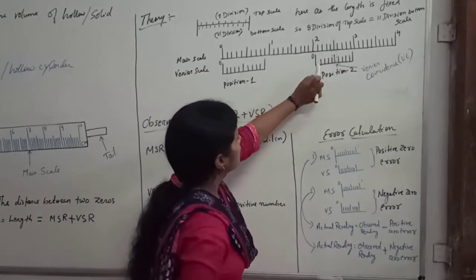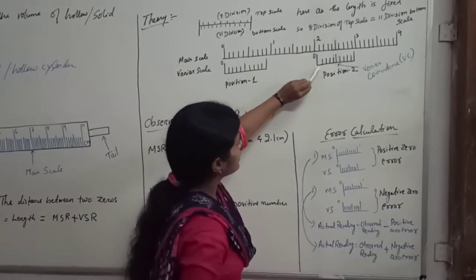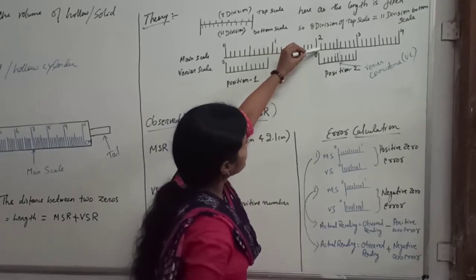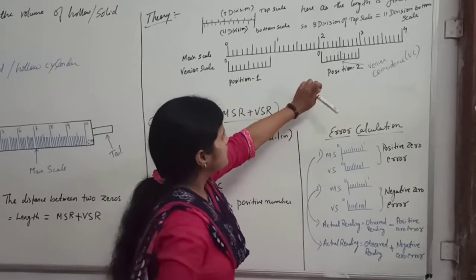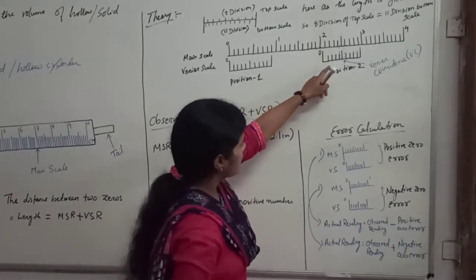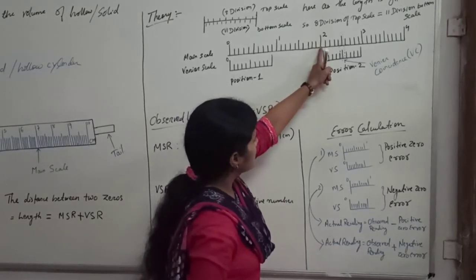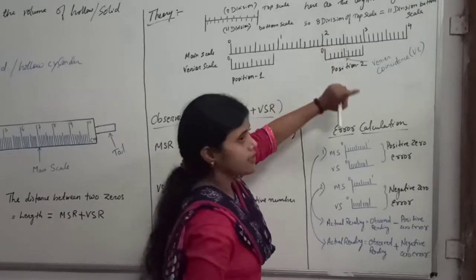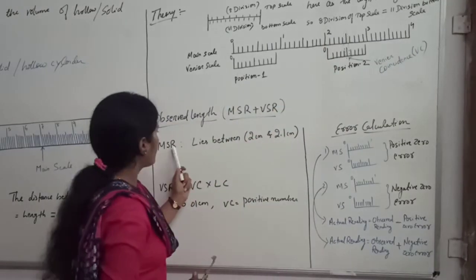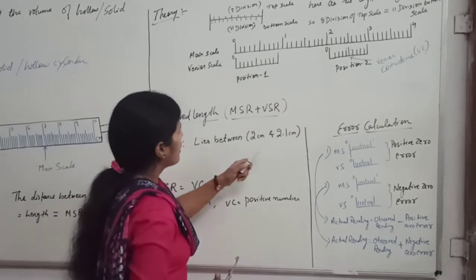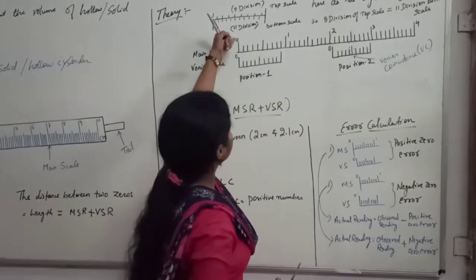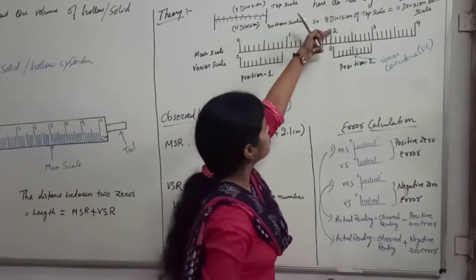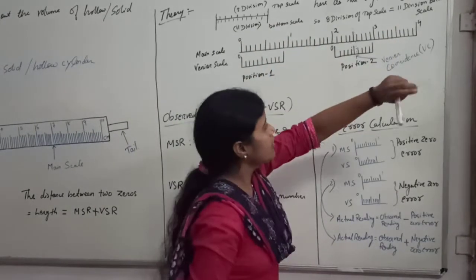So you will see the zero line of the vernier scale is somewhere in the middle of these two divisions. The zero line of this vernier scale is in between these two divisions of the main scale. So to find the main scale reading, this is your simple normal centimeter scale. Starting from 0, this is 1, this is 2, this is 3, this is 4, and so on.